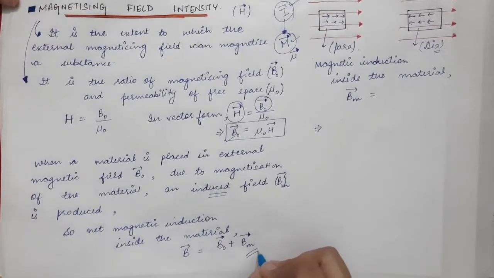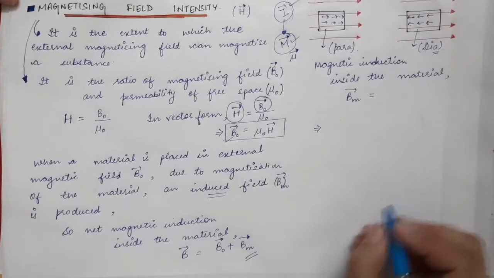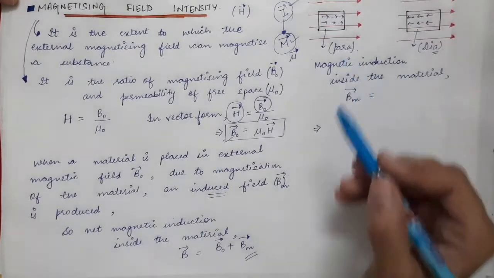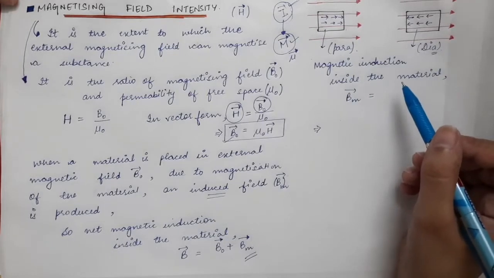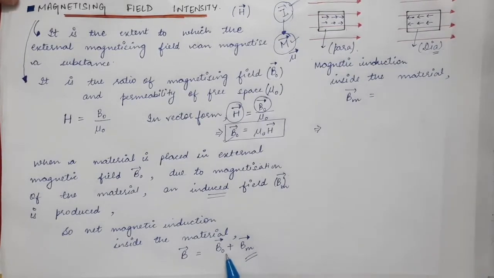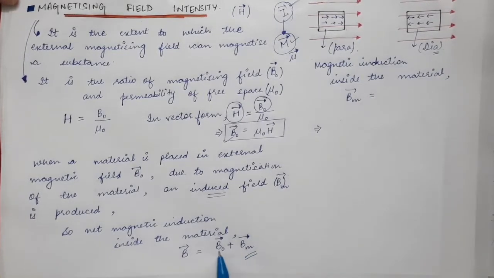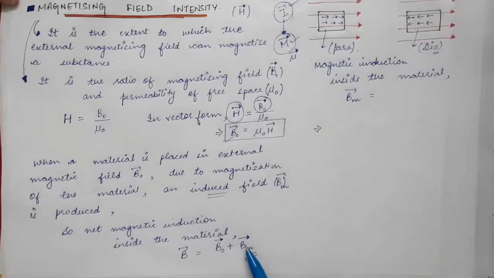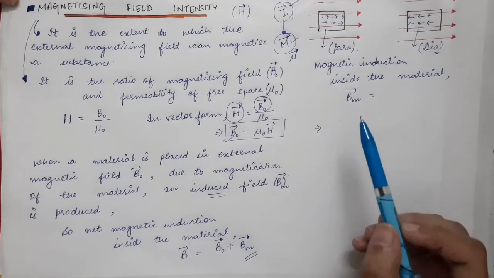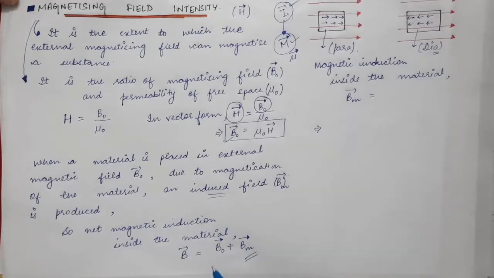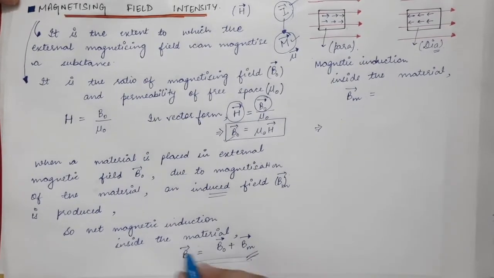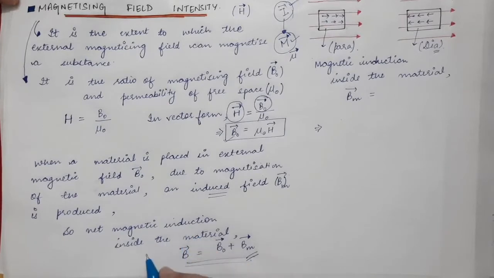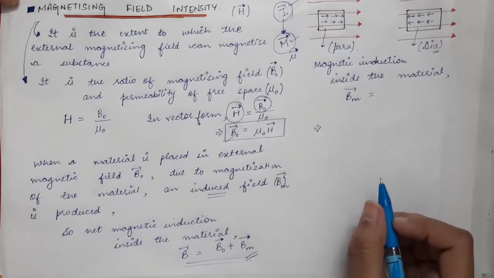This is the general equation, valid for paramagnetic also and diamagnetic also. For the paramagnetic case, Bm will be in the direction of B naught. In the case of diamagnetic substance, Bm vector will be in the opposite direction to that of B naught vector. This is the equation of net magnetic induction or net magnetic field inside the sample.